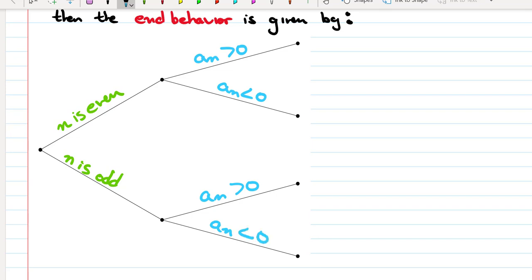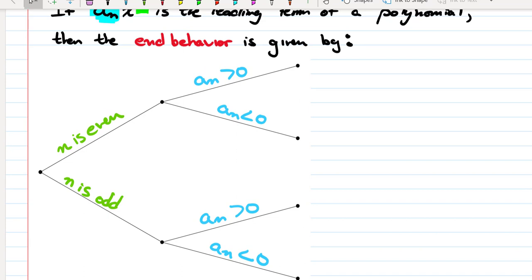So then the way our chart is going to work is if n is even and a sub n is positive, our end behavior is going to look like this. So our graph is going to start up and it's going to end up.